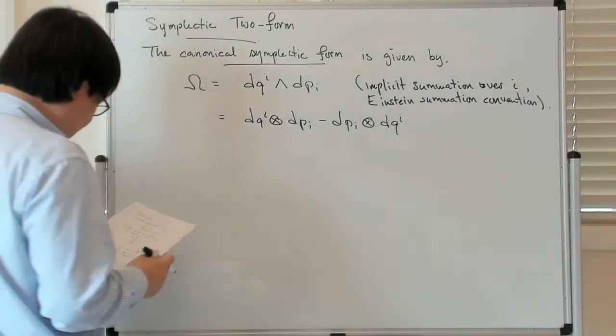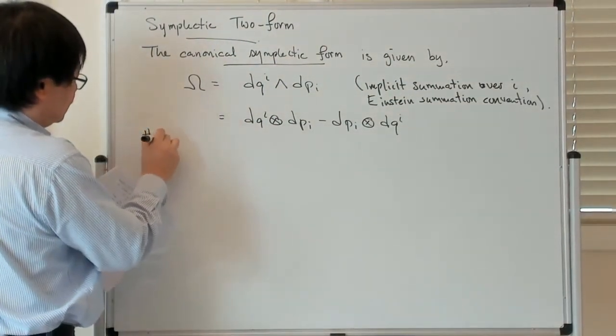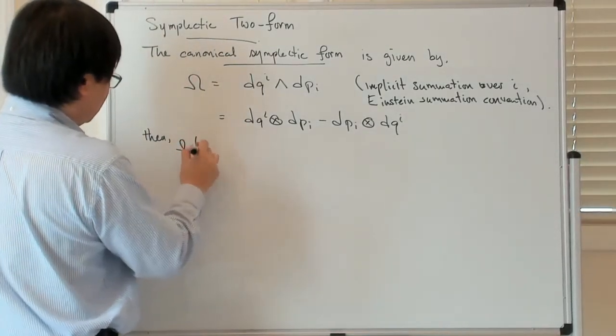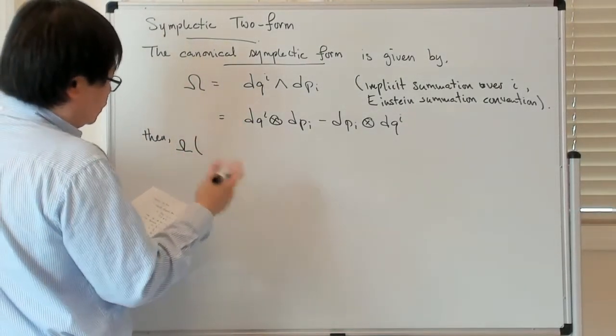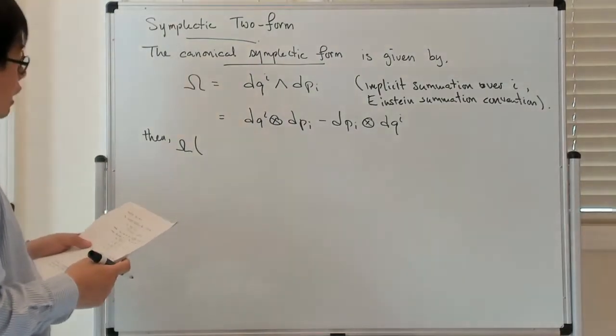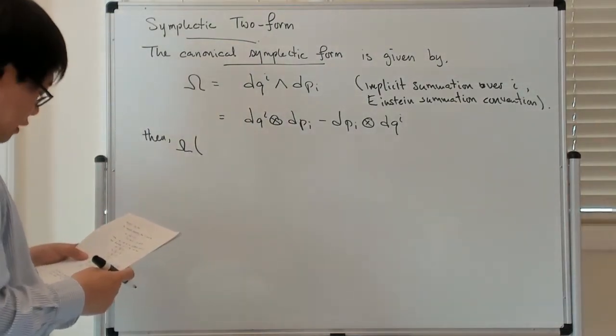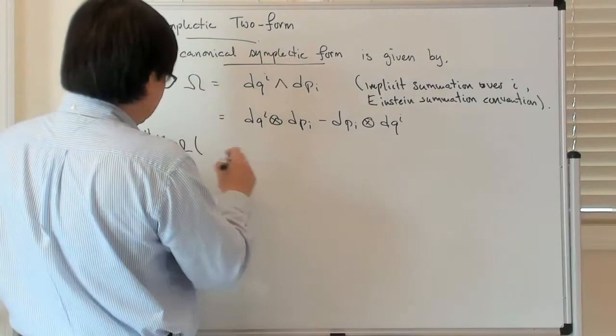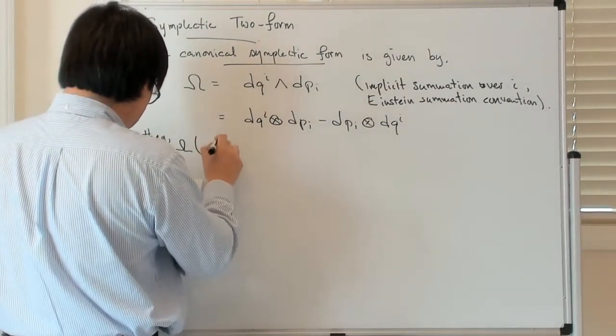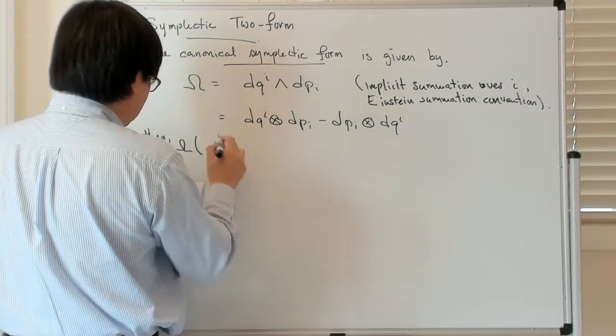And then we'll see what happens. So you can think of omega acting on a pair of vectors. Again, I'm going to use the Einstein summation convention here, so I'm going to suppress the summations.